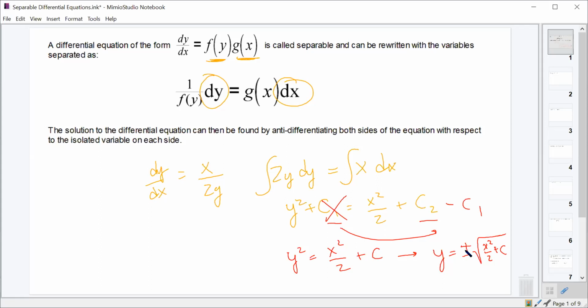Theoretically, x squared over 2 plus a constant inside of a square root should give us a function that resembles this slope field.